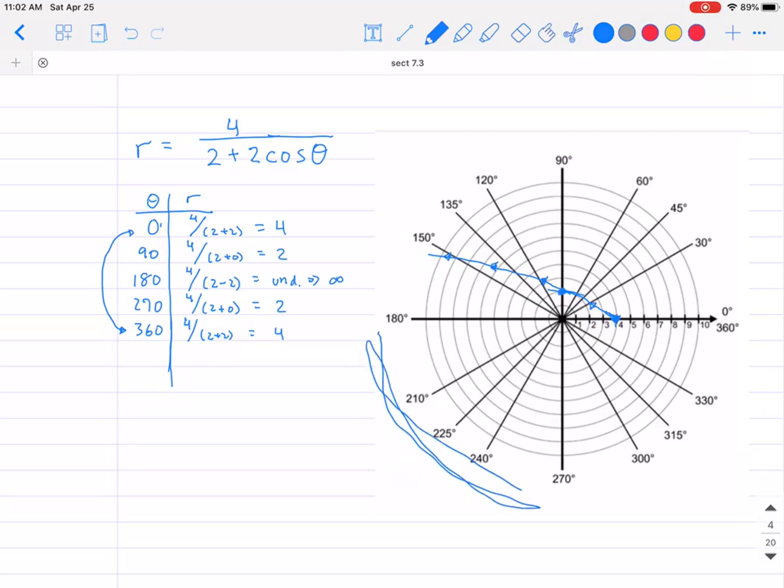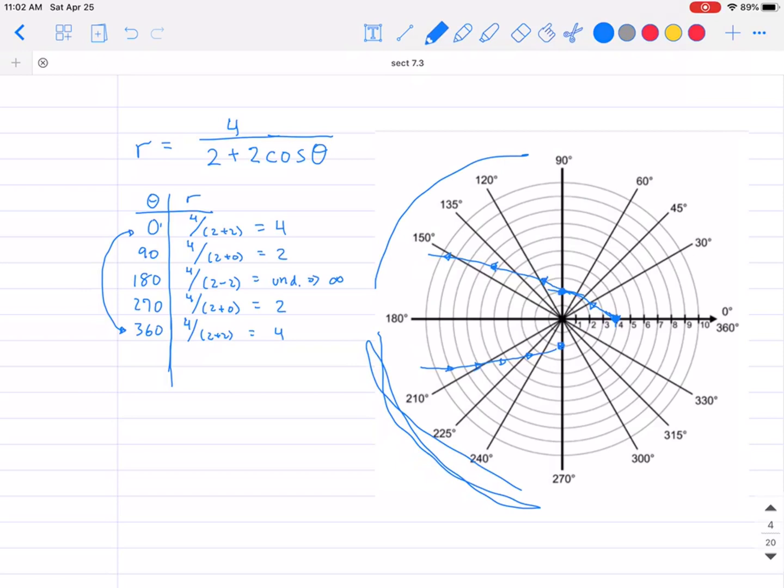Now, from 180 to 270, we're graphing in the third quadrant over here. Your radii are going to come back from infinity, and you're going to go to 270, 2, which is going to be this point. To me, it's going to be symmetric to what we just graphed in the second quadrant, but now it's going to be down in the third quadrant.